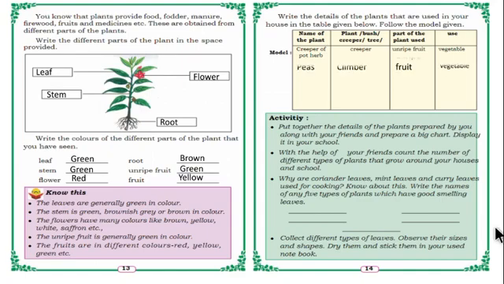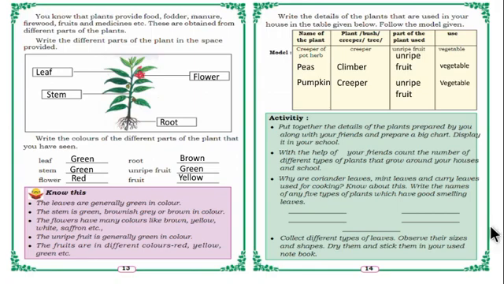So one more example is peas, and which type of plant is this? Yes, climber. And this is also unripe fruit, and we will use it as a vegetable. And next one is pumpkin, which type of plant? Creeper. And this is also unripe fruit, and we will use it as a vegetable.